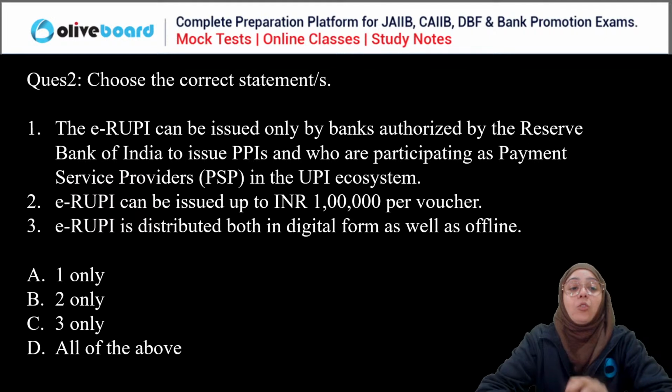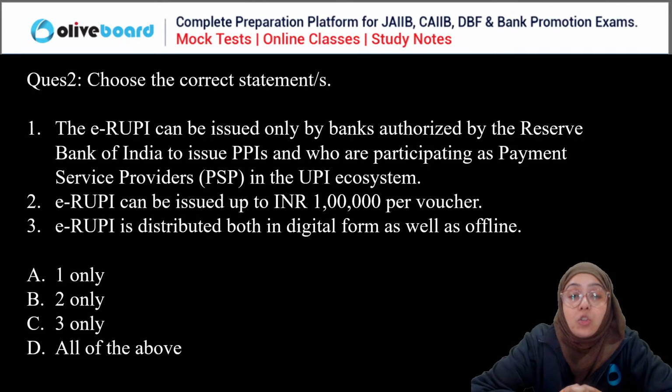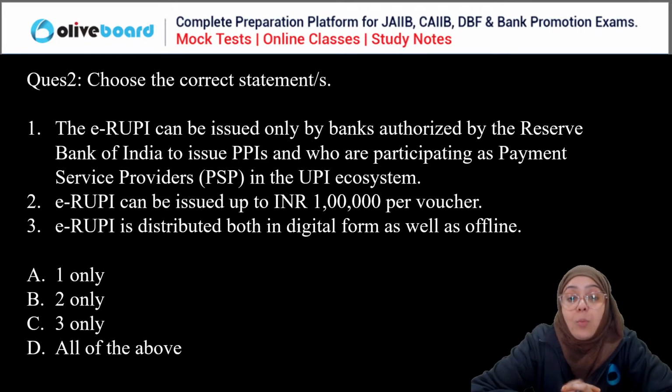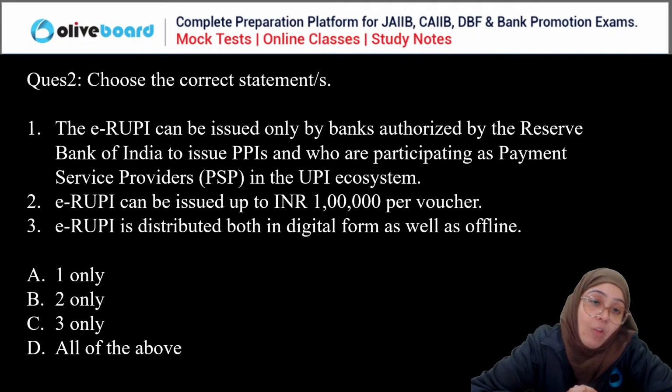Okay, next question. Choose the correct statement regarding the e-rupee. A: E-rupee can be issued only by banks authorized by the Reserve Bank of India to issue prepaid instruments and who are participating as payment service providers in the UPI system. B: E-rupee can be issued up to 1 lakh per voucher. C: E-rupee is distributed both in digital form as well as offline form.